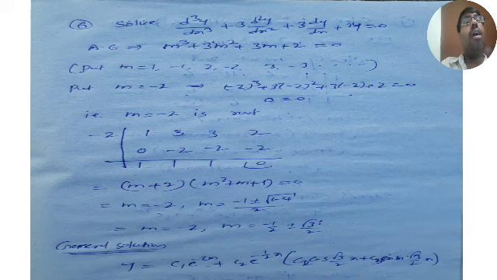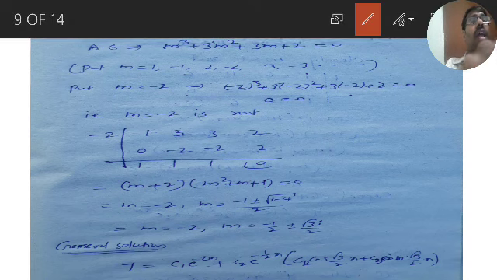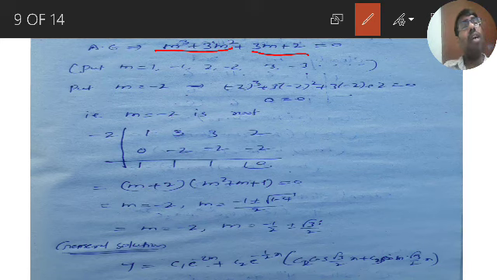You cannot take common factors. If you take m square common from the first two terms, then you get m plus 3. In the next two terms you won't get m plus 3. That's why the common-factor method from previous problems does not work here.